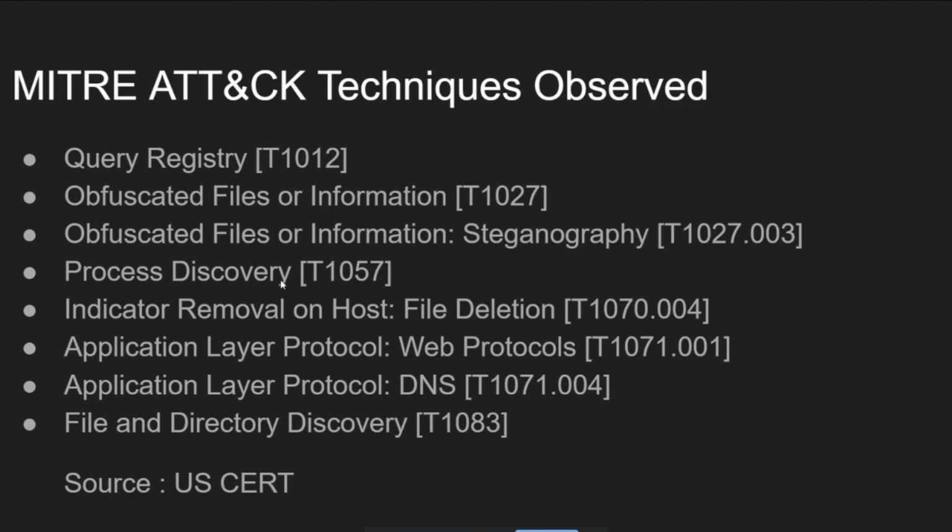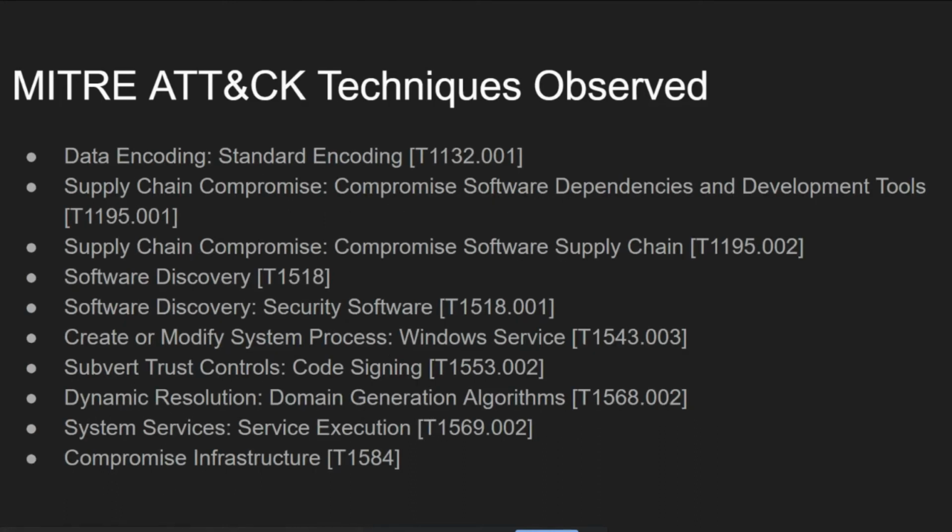It was doing process discovery because it wants to learn of all the anti-RE tools installed on the machine. Plus, it also does a lot of service discovery, files and directories discovery, because it wants to know the AV products running. It was implementing its own DGA algorithm. It was also discovering the security software, which you already saw. There was a lot of data encoding being done, and pretty much the attacker has done a lot of groundwork before executing this attack.